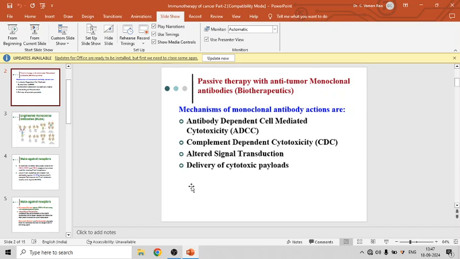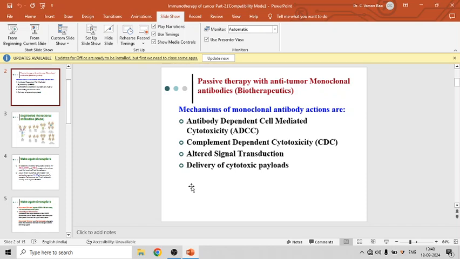One mechanism of action of monoclonal antibodies is antibody dependent cell mediated cytotoxicity, the ADCC response, and these monoclonal antibodies bring about cytotoxicity against the tumor cells by the ADCC approach. The second approach is that the monoclonal antibodies initiate complement mediated lysis, that is the CDC response.